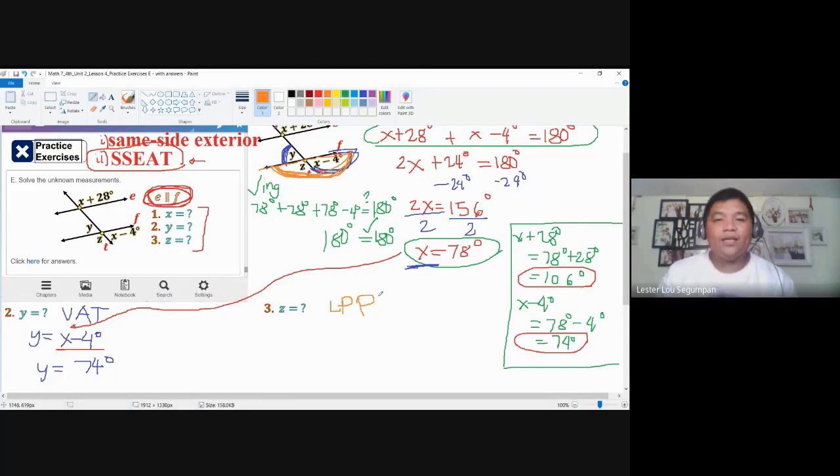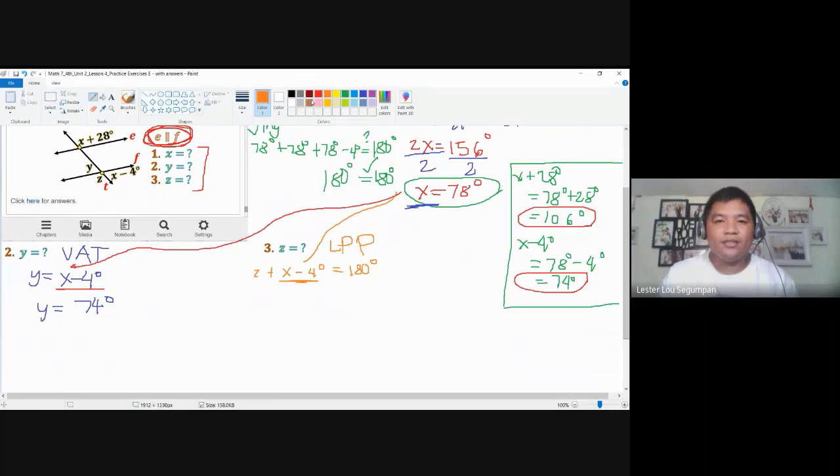So again, angle z and this angle, which measures x minus 4 degrees, are angles forming a linear pair. Thus, if we add the two measurements, that's z plus x minus 4 degrees, they should yield 180 degrees. And then we could again use the value of x, but since we do have this, let's use that.